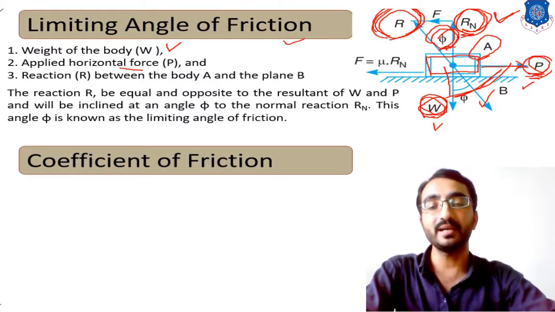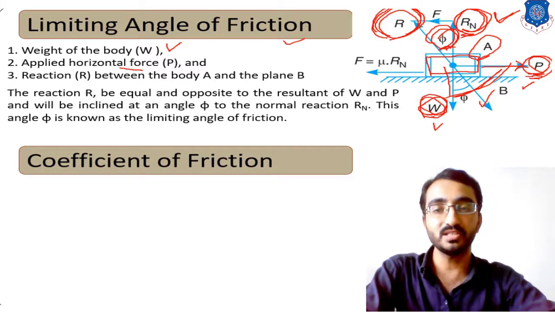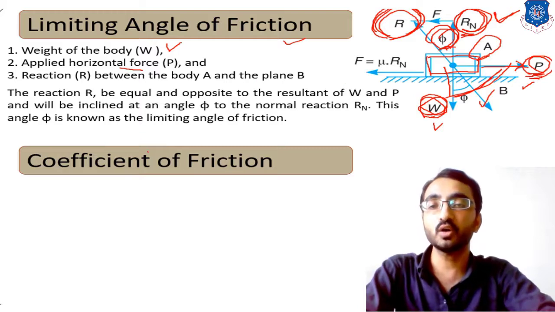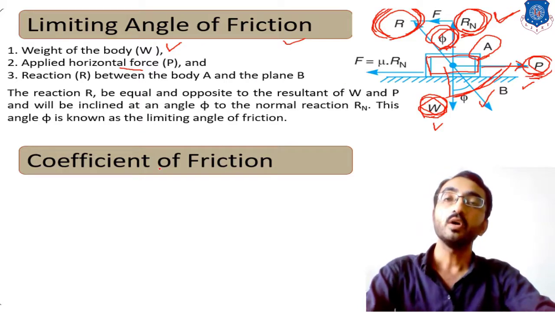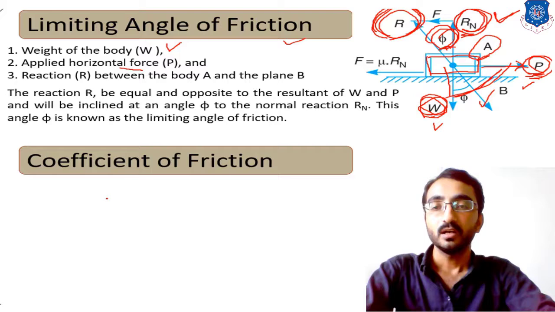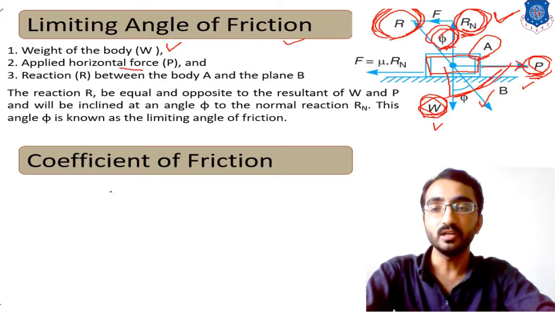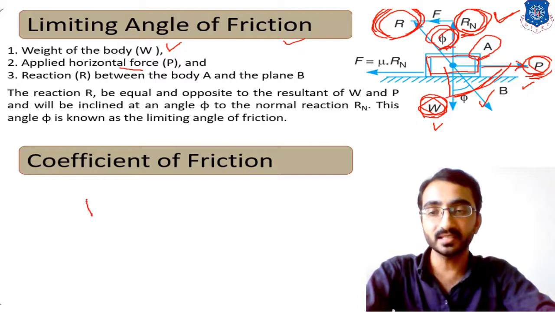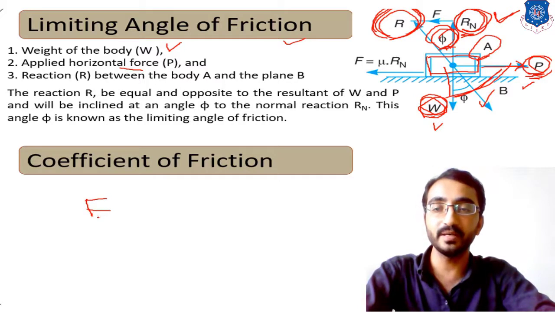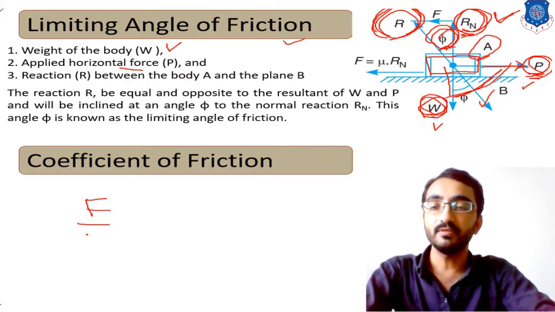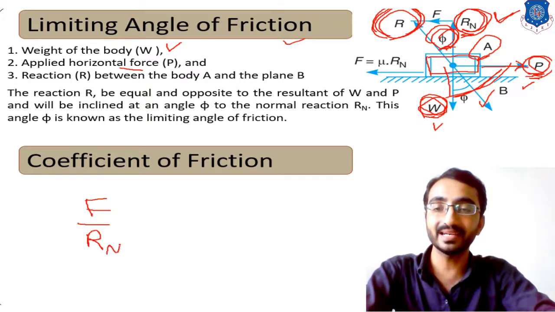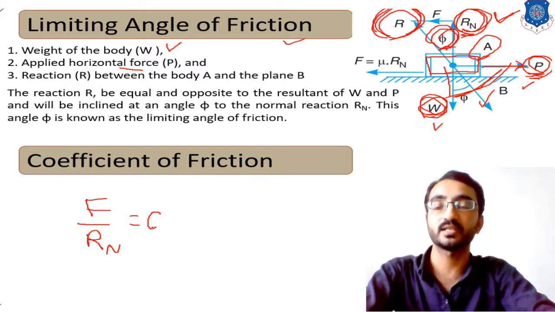From this fundamental, the second term that comes into the picture is the coefficient of friction. While studying the law of static friction and the law of dry friction, we learned that if F is the limiting friction and we take the ratio of the limiting friction to the normal reaction, F upon Rn, this ratio is always constant.